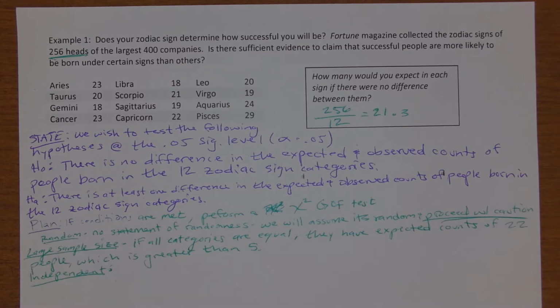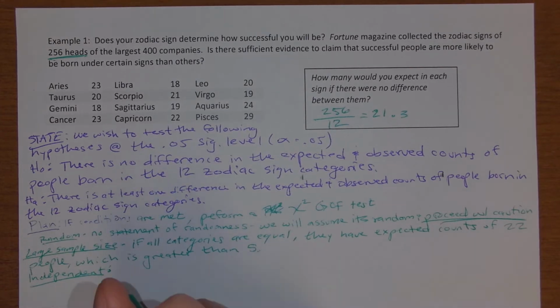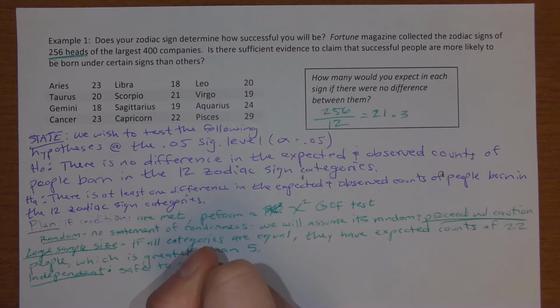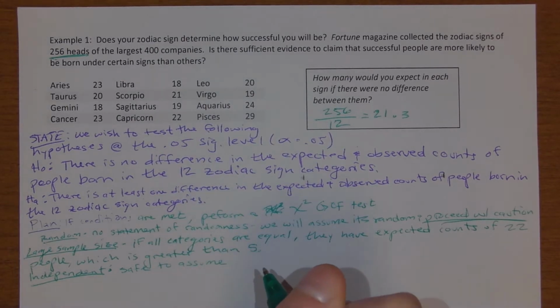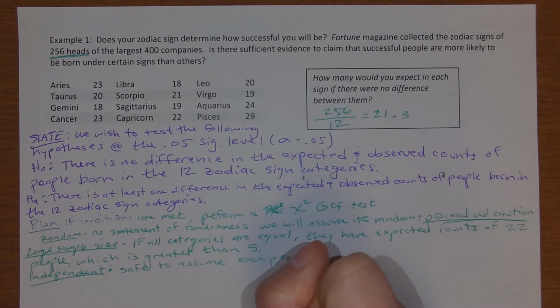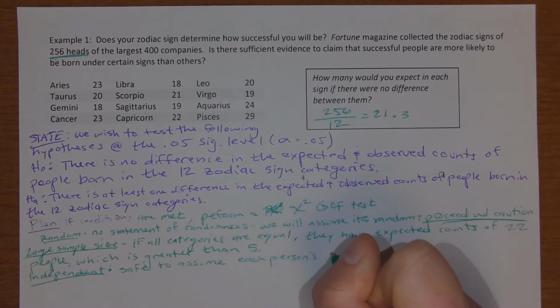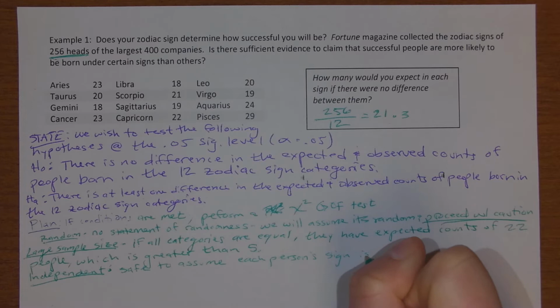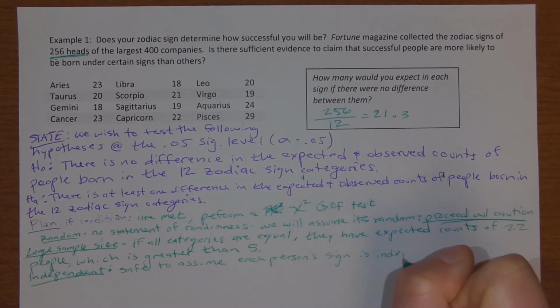Like, these people's parents weren't collaborating when they were going to have their kids that were going to become heads of one of the largest 400 companies here. So I feel like it is safe to assume each person's zodiac sign is independent.